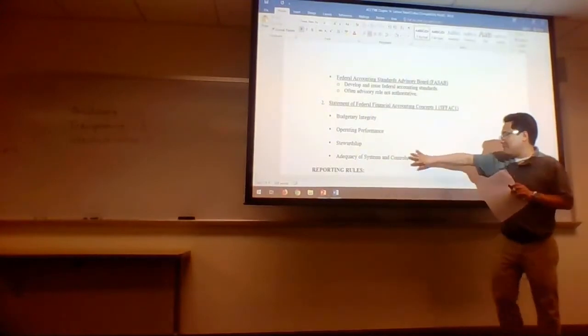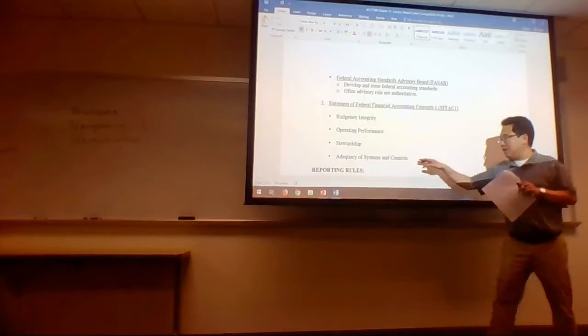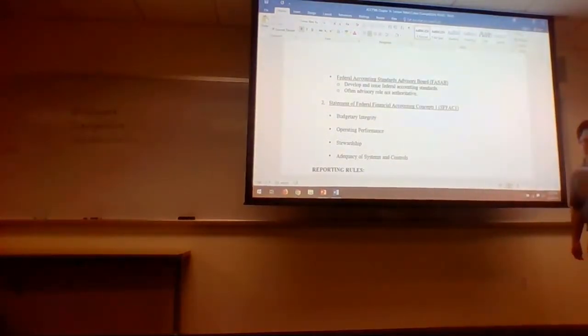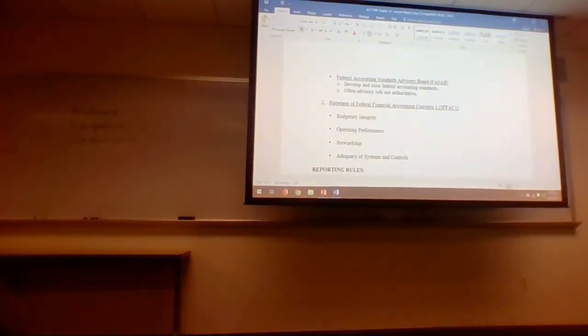Stewardship is so important that this last concept here is really a subset of stewardship itself: adequacy of systems and controls. This is the notion of ensuring that you have proper internal controls in place to prevent misstatements from occurring. What does a misstatement mean?